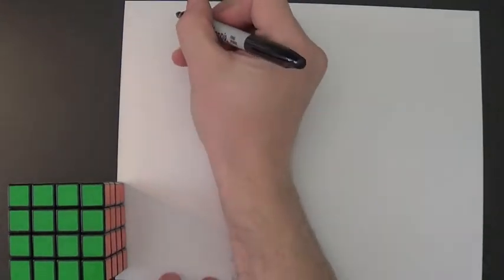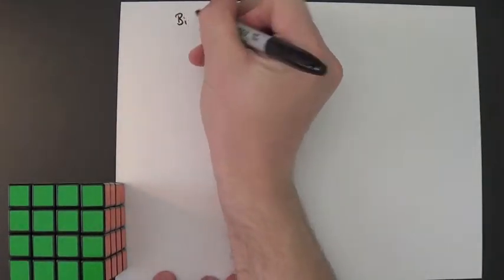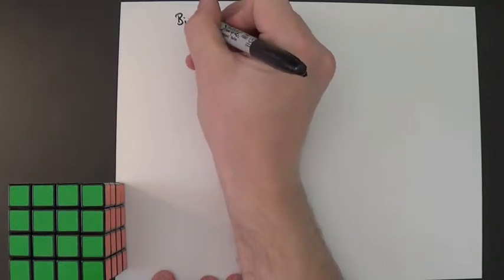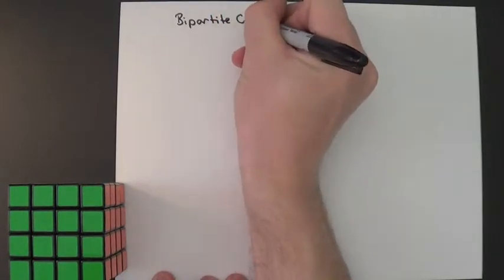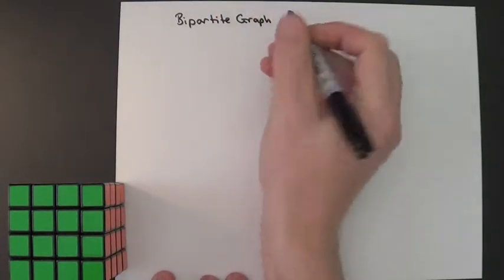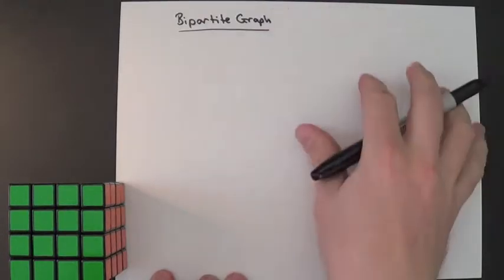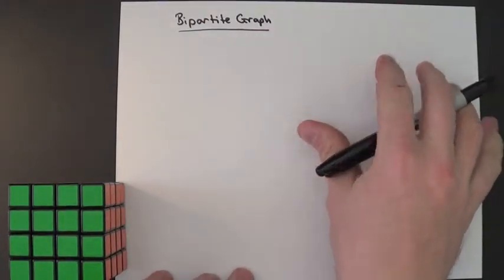Another special type of graph is the, I'm probably going to mispronounce it, bipartite graph. Bipartite graphs have some interesting properties.